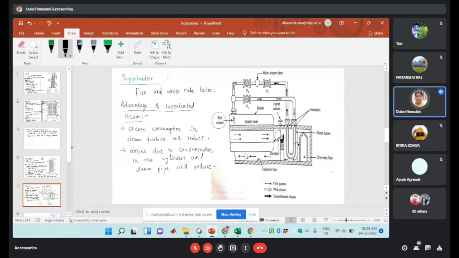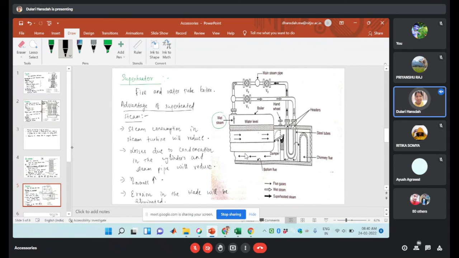If it is wet steam, what will happen when it flows through the pipe? There will be condensation in the pipe as well as in the cylinder. So here the efficiency of the plant will increase. Erosion in the blade will be eliminated. Okay, so these are the advantages of your superheated steam.